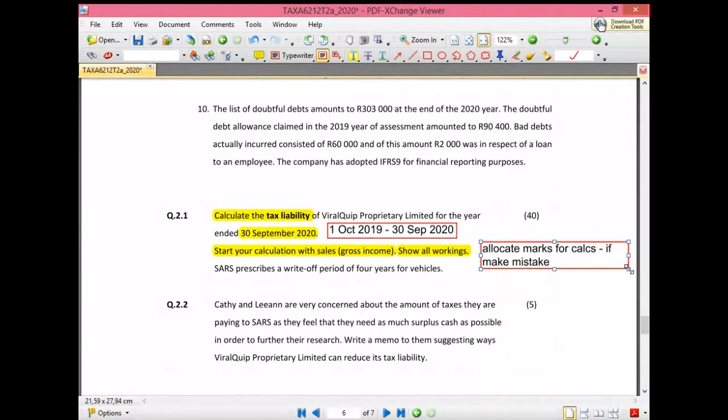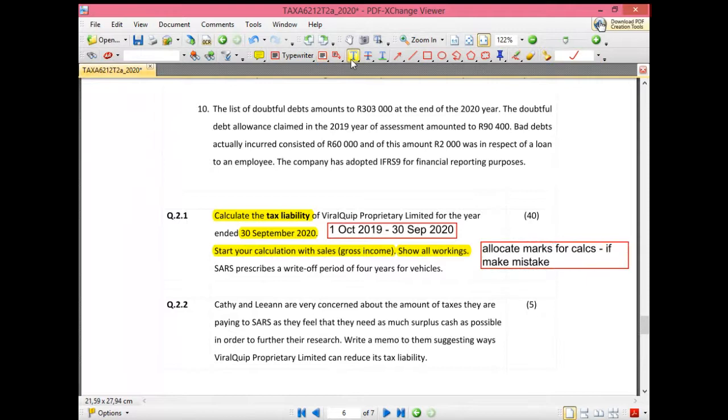If you get it wrong, you get a 0. That's why we ask for the workings. You can do the workings in one of two manners. You can either include it in brackets next to the item as you calculate it, or if you prefer, you can do workings separately at the bottom of the question, and I will mark it there.